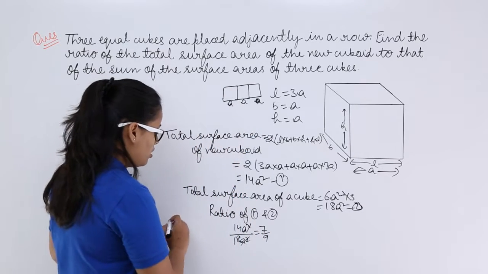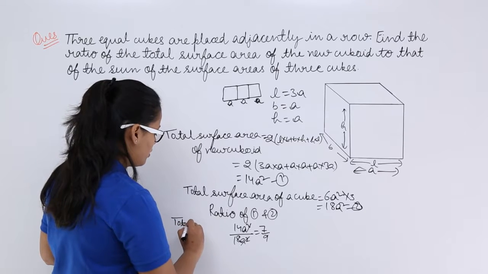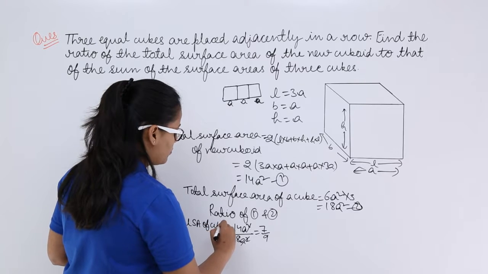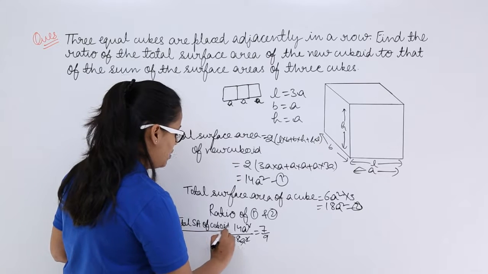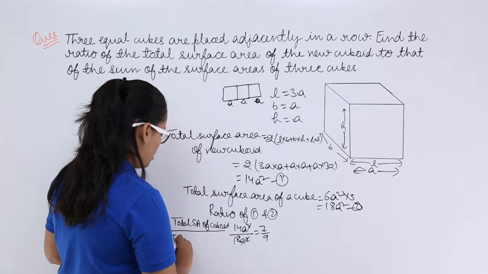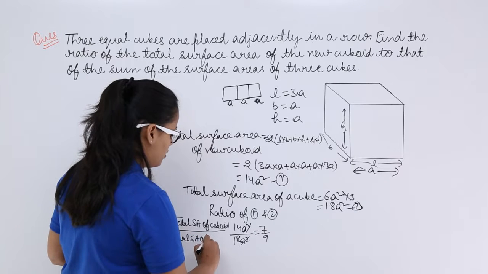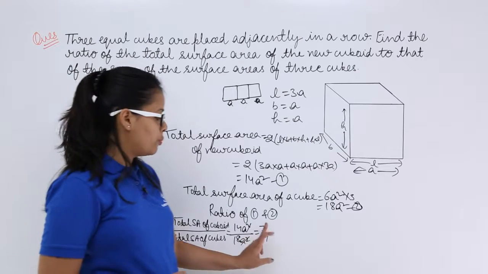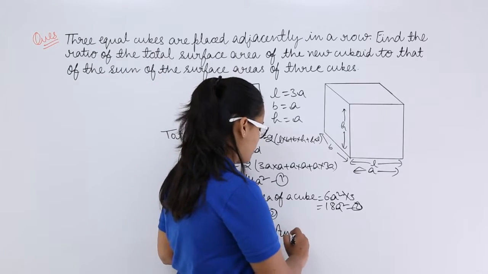You can write down here, this is the total surface area of the cuboid divided by the total surface area of the cubes. This is coming out to be 7 by 9. So this is your answer.